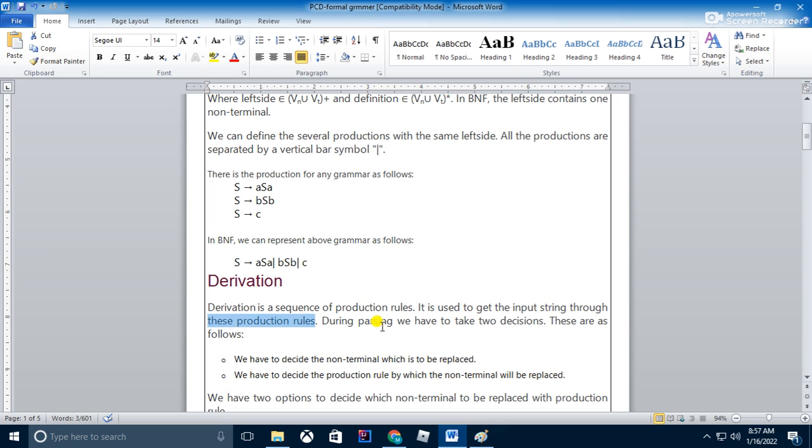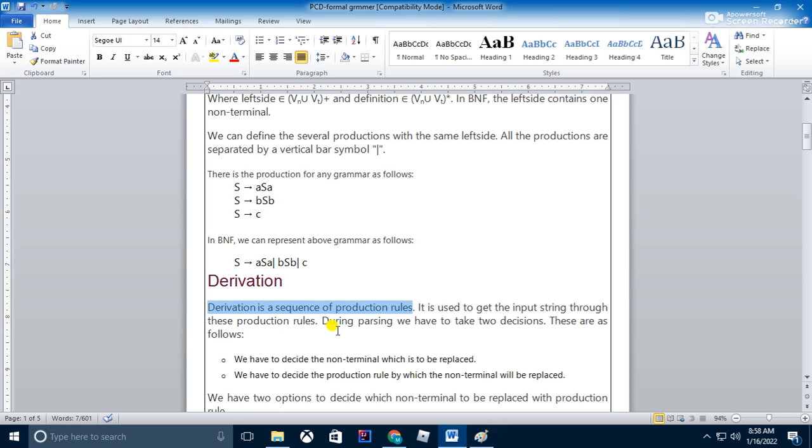So during parsing, the derivation process can be used. The derivation process consists of making these decisions, based on the particular scenario. Either we decide which non-terminal is to be replaced, or which production rule should replace it. Derivation is nothing but a sequence of production rules, used to get the input string.